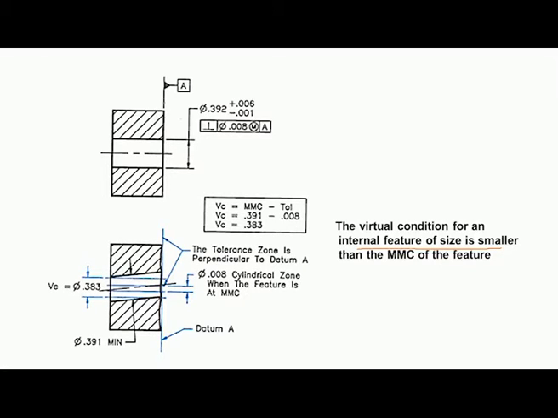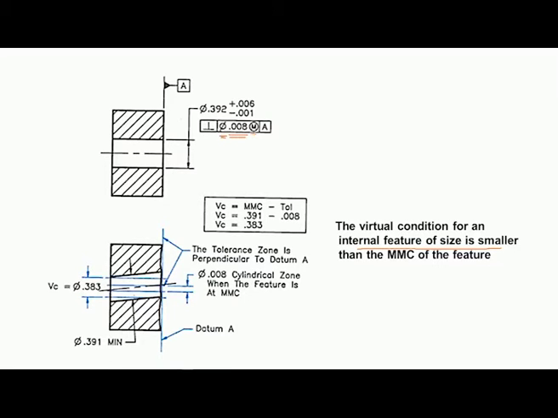This is the reference datum, and the axis should be perpendicular to this within 0.008 tolerance at the maximum material condition, and since diameter is specified, the perpendicularity tolerance is given to the axis, so we have to consider a cylindrical zone, and again for the hole the size tolerance is given.